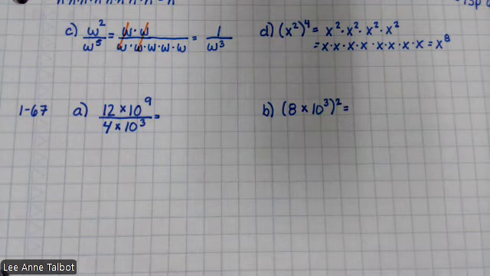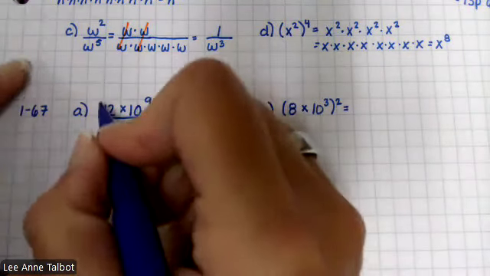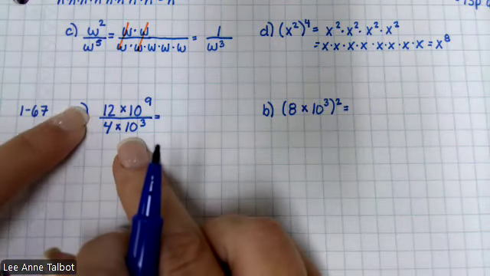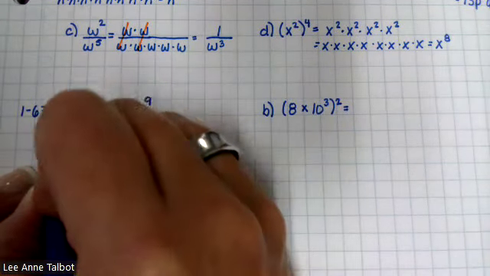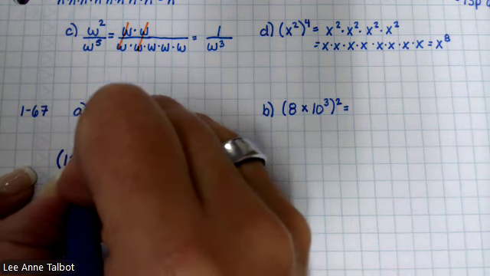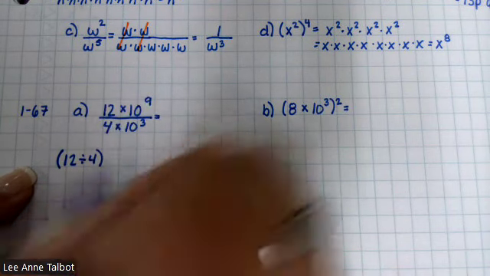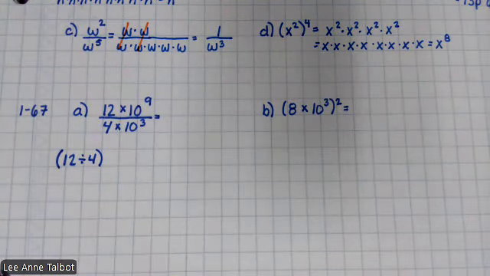Okay, first problem. When you have numbers in scientific notation, this is a division problem. First, can you recognize it as a division problem? Because it's a fraction. Okay, so what you do is you take the numbers in the front and you divide them. Take the numbers in the front and divide them.